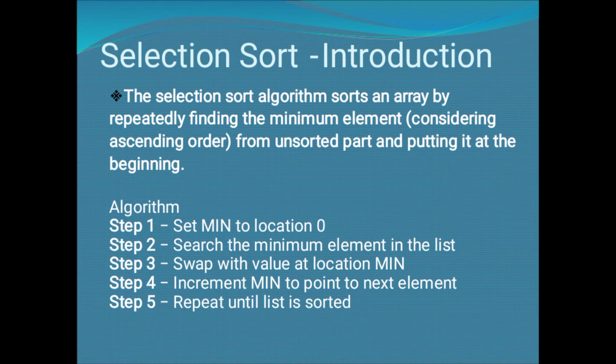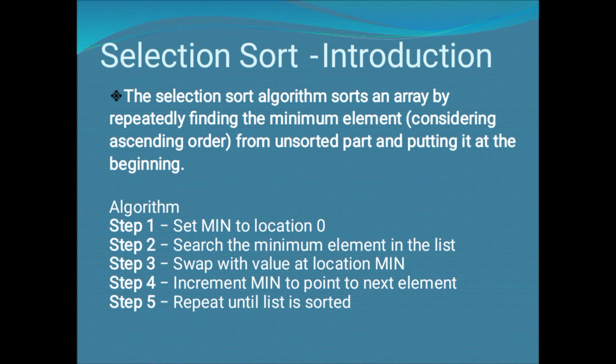That is, set the minimum element of the array to the location 0. Since I start my array index at 0 and end at n minus 1, my initial position will be 0. First, select the minimum element in the unsorted array and place it at the 0th location.